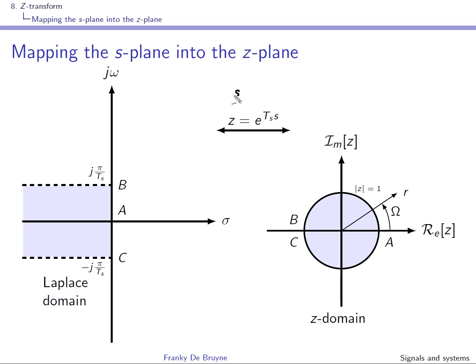If you plug in s equal to sigma plus j omega, you should know by now that you can find that z can be written as a complex number under polar form, where r is the exponential of Ts sigma, and where the discrete frequency omega is related to the analog frequency omega by this relation over here. So what we'll do is first do what we've done in the previous slide and look at things more visually.